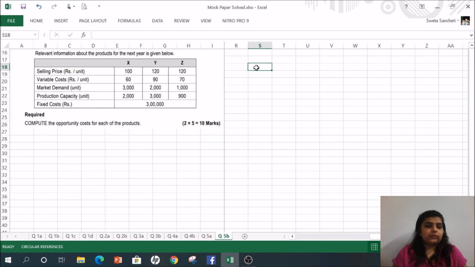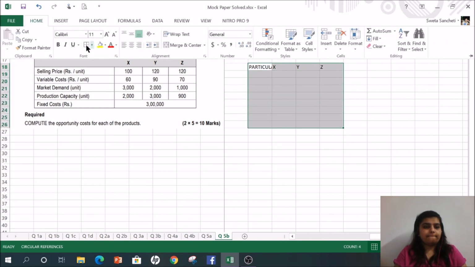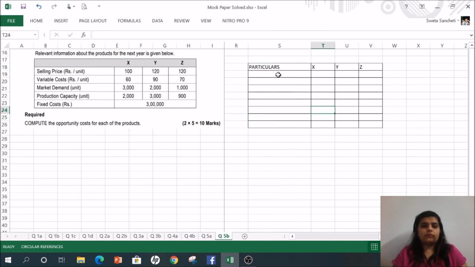So they have given us, I'm going to make a small table. Okay. So first we are going to calculate our contribution.